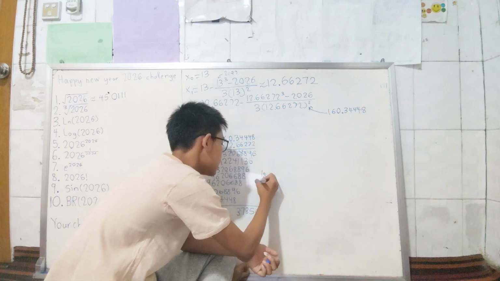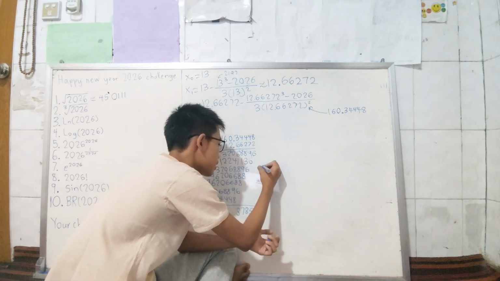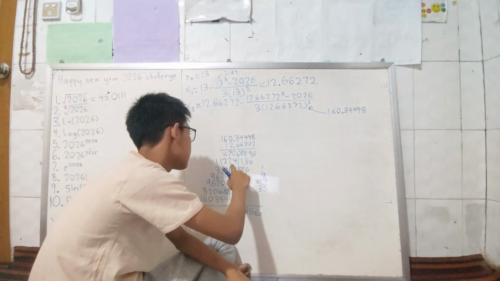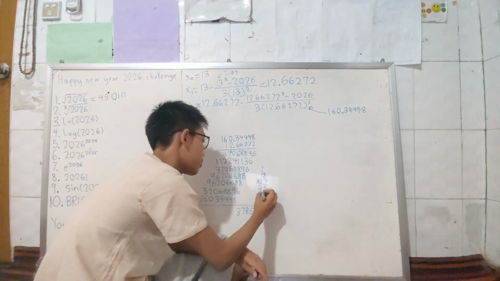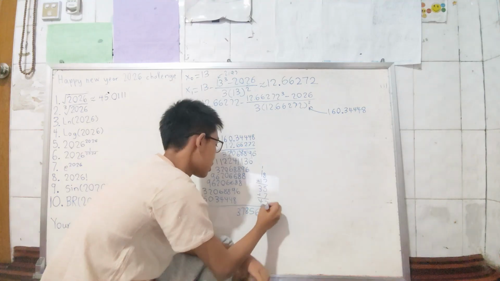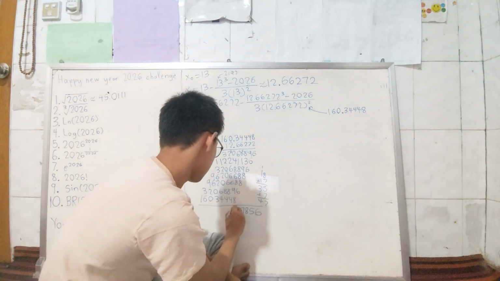That's gonna be 35. 35 plus 7, that's gonna be 42.